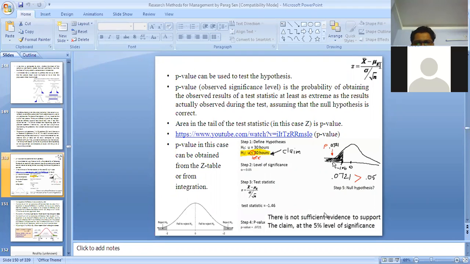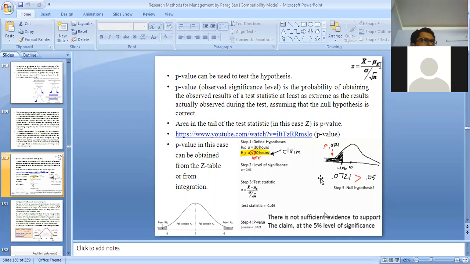This shaded portion reflects your p value. P value is nothing but probability value. So if you consider your null hypothesis as correct, during that time you can find your p value.